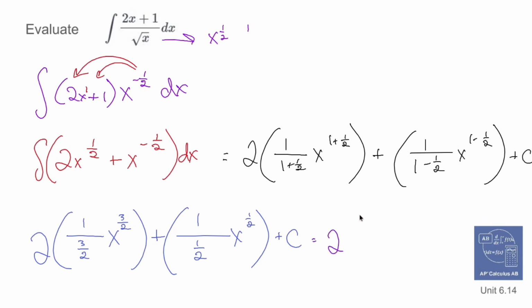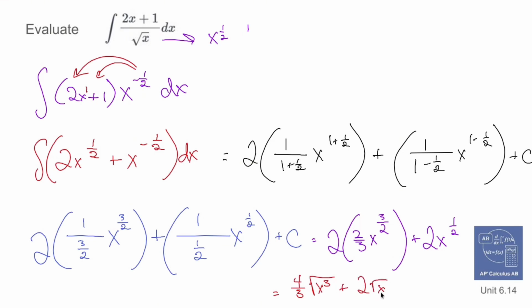You become 2 times 2/3 x to the 3/2, and you just become plus 2 x to the 1/2. Oh boy, I did not leave myself enough space. That's all right. We'll write small. Nothing magical happens here. 4/3, right? I will rewrite this as the square root of x cubed plus 2 root x. And maybe one more step is to rip out an x. 4/3 x root x plus 2 root x.